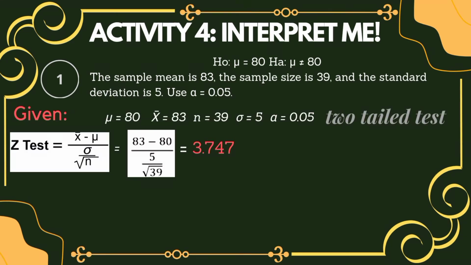This is the formula for the z-test. Let's substitute the given and we will get 3.747. Again, since we are using a 0.05 level of significance and it is a two-tailed test, our critical value or the boundary between the acceptance and rejection region is equal to positive and negative 1.96.